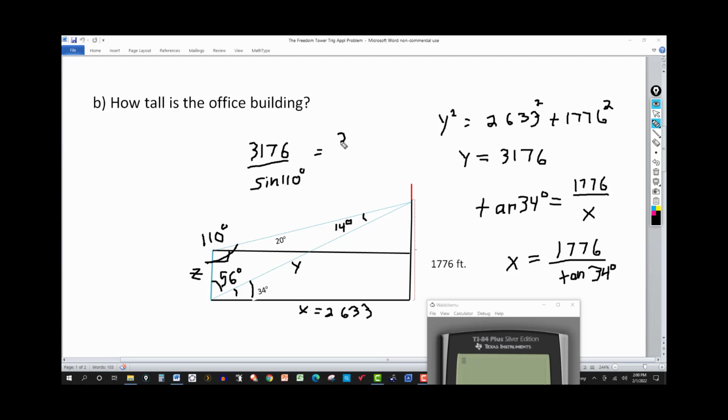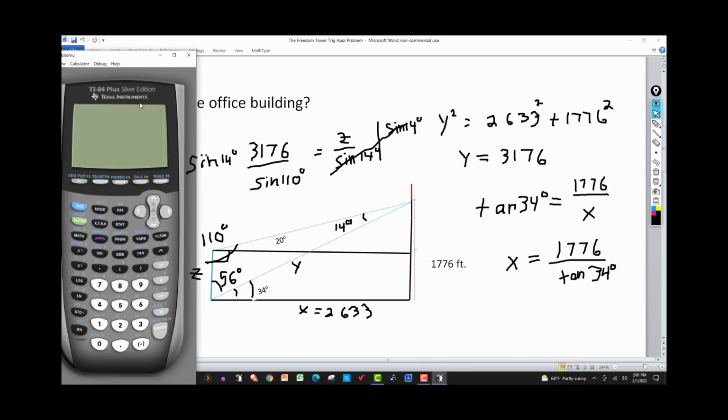So this will be z over the sine of 14 degrees. If you multiply both sides by the sine of 14 degrees, this here would cancel, and on this side you'll be multiplying by the sine of 14 degrees.